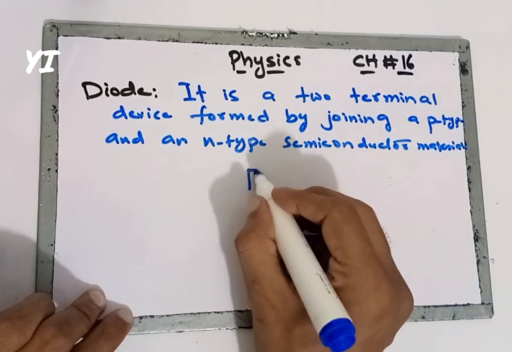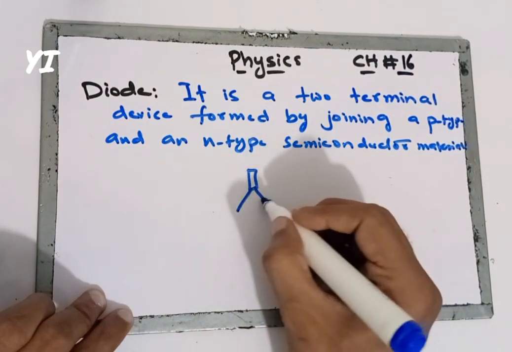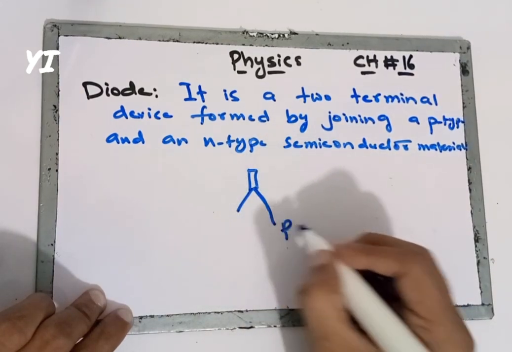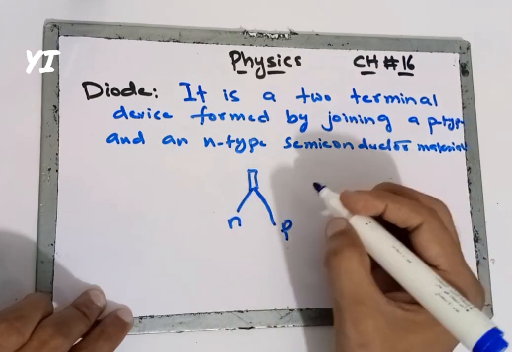So we will say that it's a two-pin device, P and N.